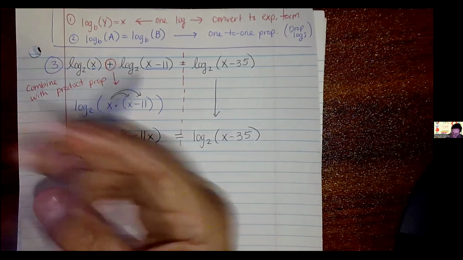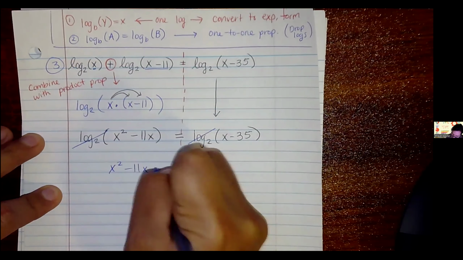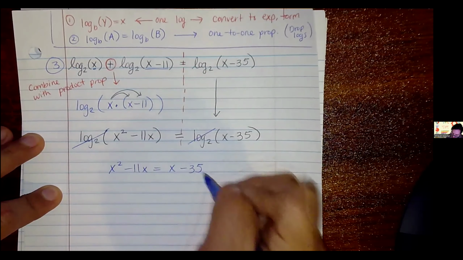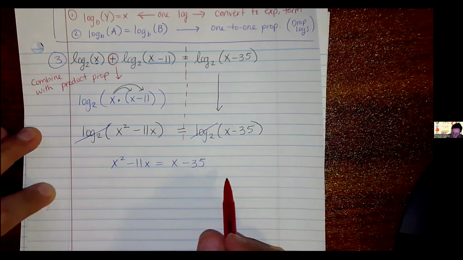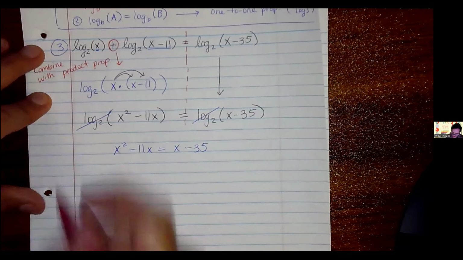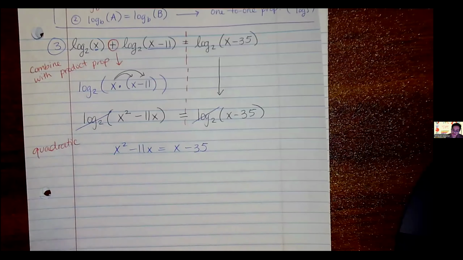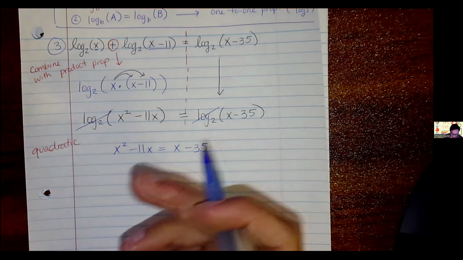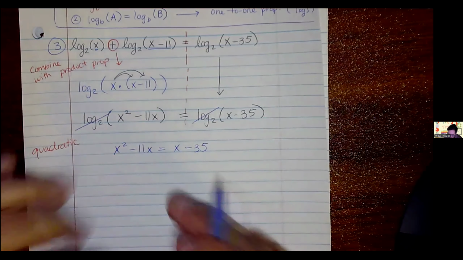Yes. So now I'm just going to drop the log base 2. And now I just have x squared minus 11x is equal to x minus 35, which is what kind of equation here? Quadratic. So that means now I have to get this set equal to 0 so that I can get it in standard form and then either use factoring using the AC method or maybe the quadratic formula if you guys are familiar or prefer that.